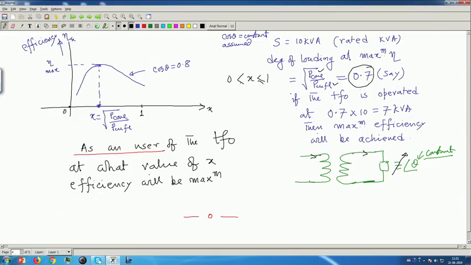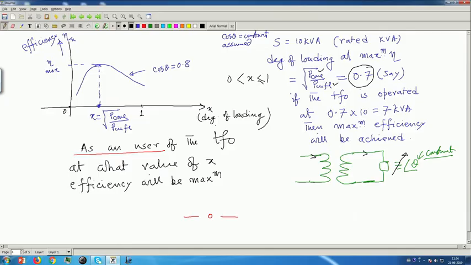Then finally, I was saying that if you sketch an efficiency versus degree of loading curve, do not forget to attach at what constant power factor we have plotted this curve, because in the derivation I kept cos theta constant.